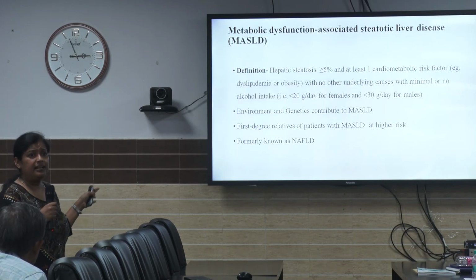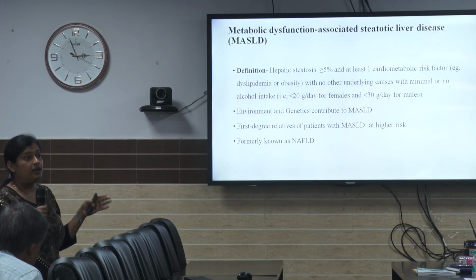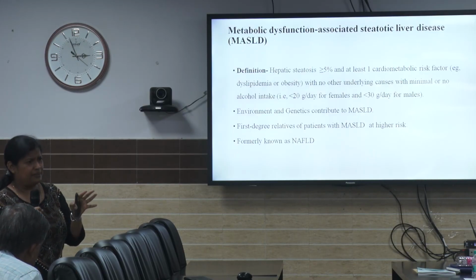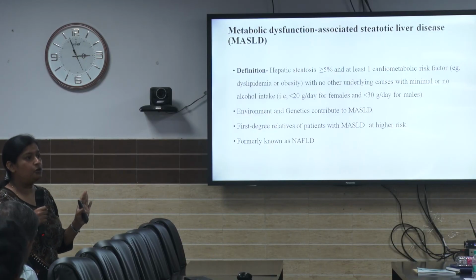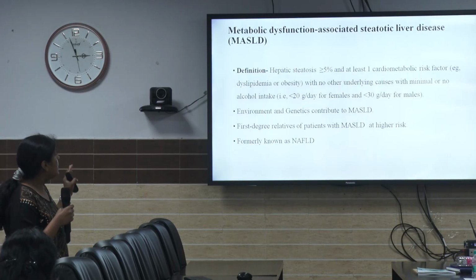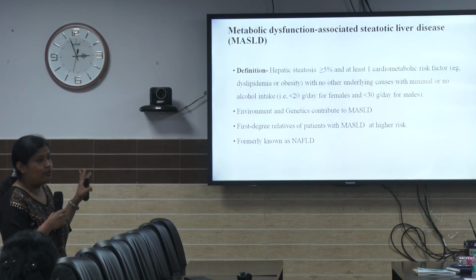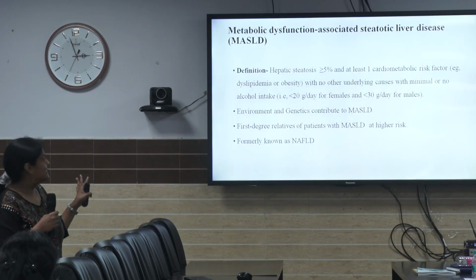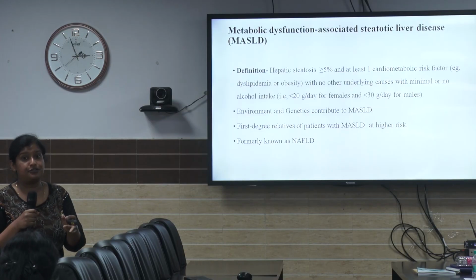What is minimum? Less than 20 grams for a woman and less than 30 grams for a man per day over a 10 year period. If he has taken less than this, then you can label the person non-alcoholic. If such a scenario occurs, then it is called metabolic associated steatotic liver disease. And if somebody is having it, then the first degree relatives have a high chance of developing it.